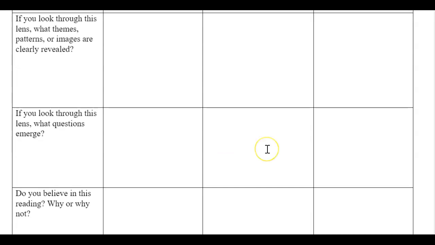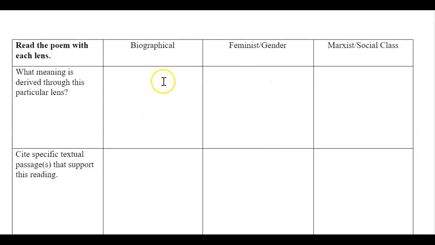Why or why not? And you're going to answer those same questions with the biographical lens, the feminist lens, and the Marxist lens. Each time, go to the slides if you need to, remind yourself of what you need to be thinking about and assuming as you look through that particular lens. Go back, reread the poem with that lens in mind. Now, the hardest part of this is trying to erase what you were thinking from your reader response version, from your biographical version for the feminist, and erasing the feminist for the Marxist, and so on and so forth.